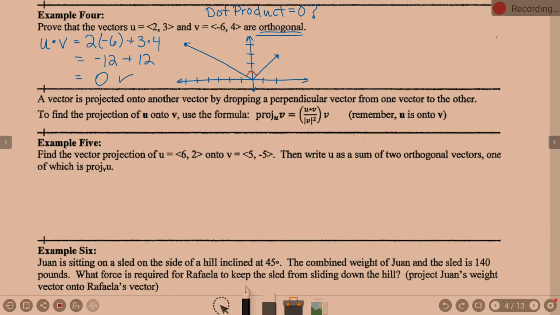To find the projection of u onto v, use the formula, and this formula should say, let me rewrite, projection, and since it's u onto v, u should be the big variable and v is the subscript. You have to be very careful because these cursive or italics U's and V's are hard to tell the difference between, aren't they?